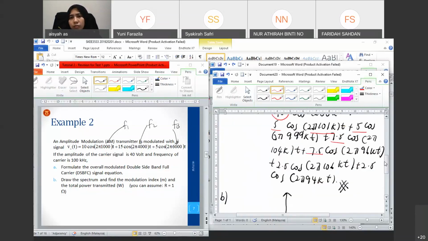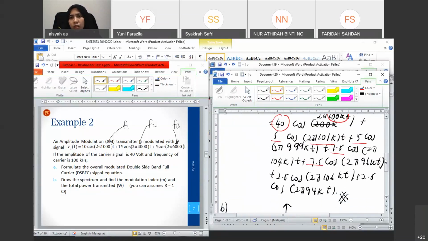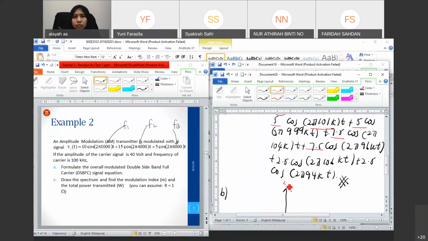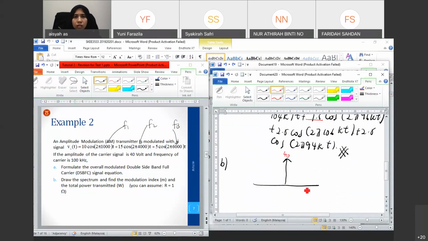Here we have 40, and then the second is 5 and 7.5 and 2.5. Also here 5, 7.5, 2.5, and you put these values at the frequencies here.